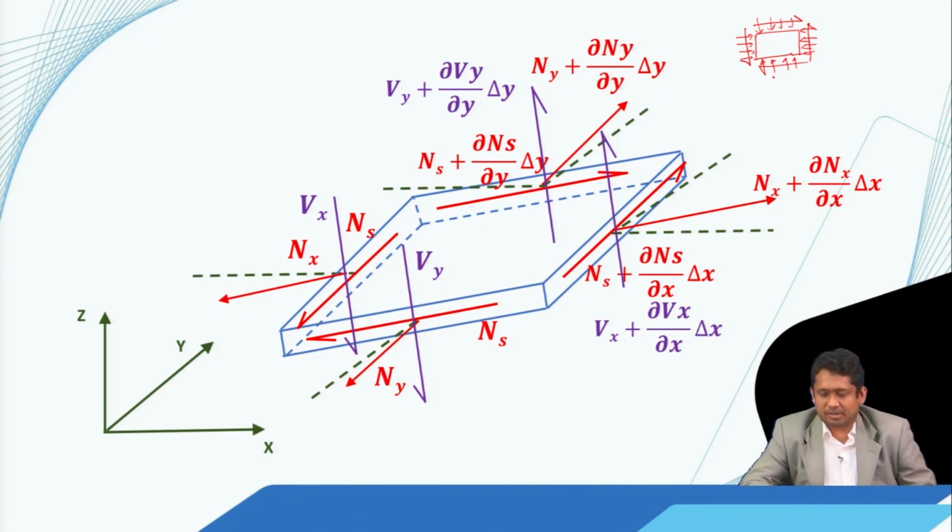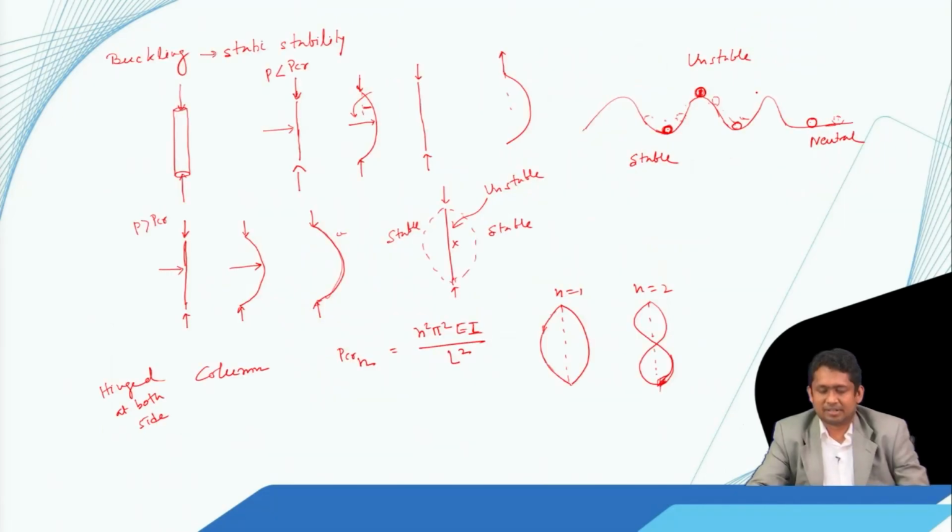Now the first step is to write the governing differential equation for buckling. Previously we have seen that the in-plane compressive force has a destabilizing effect, and we can only see that effect when we look at this column in a deformed configuration.